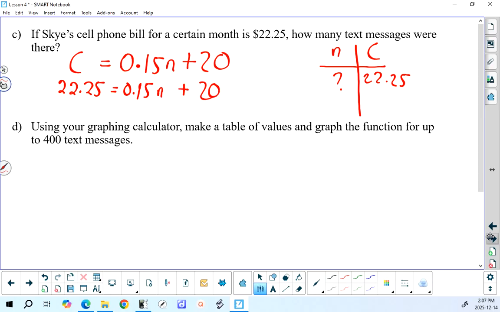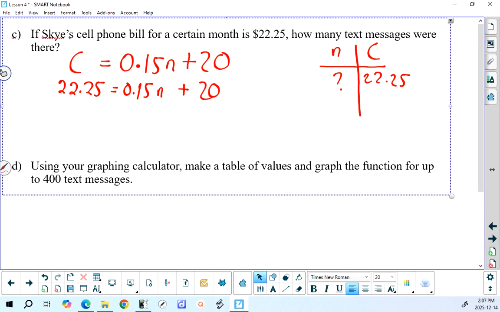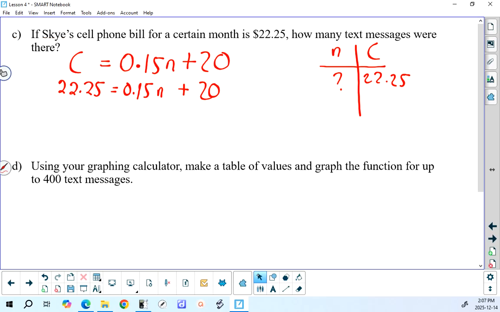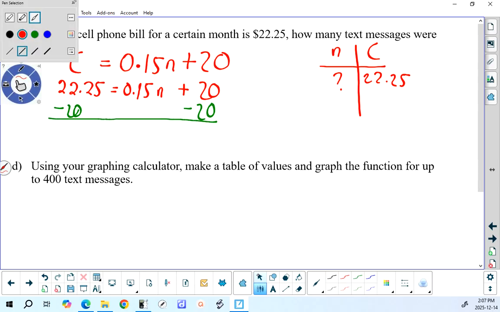And we're going to solve this equation, which I would describe to you as being a two-step junior high equation. Let me give myself another couple of spaces here. You're going to start by subtracting 20 from both sides. Get a new equation, which is $2.25 equals 0.15n.